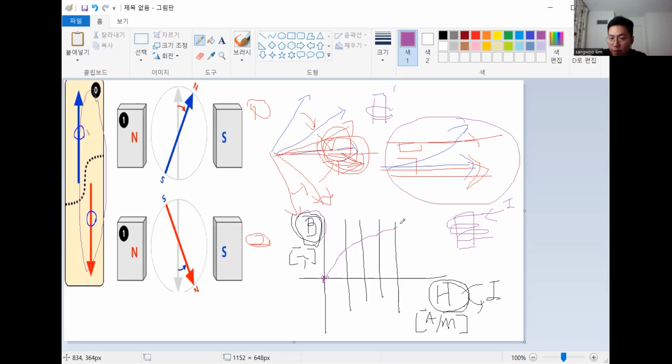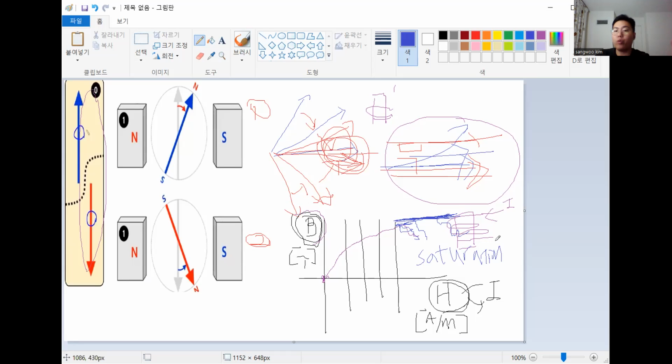But at some point when it reaches here, sorry about my mouse, when it reaches here, we say it is the maximum value. When it gets this maximum value, we say saturation.